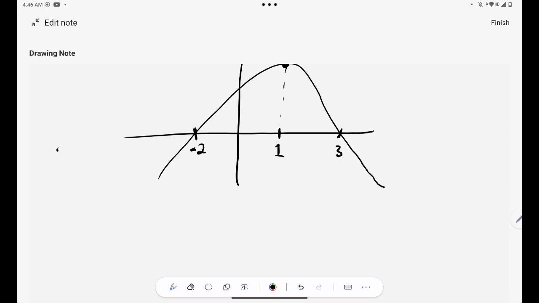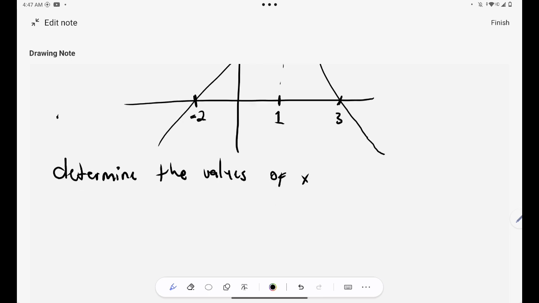Let's say we are asked to determine the values of x for which, let's say number 1, f of x is greater or equal to 0.